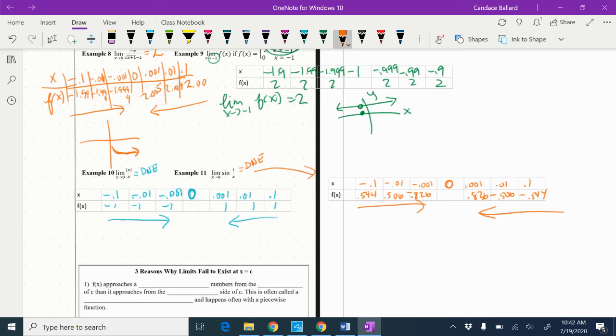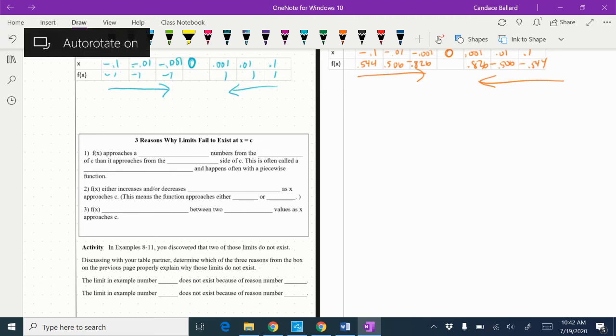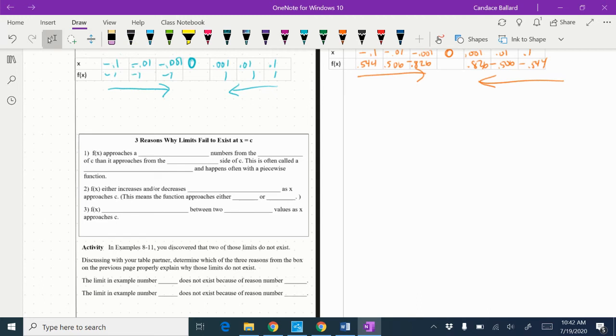All right, so we're going to talk about 3 reasons why limits fail to exist at C. So if f of x approaches a different number from the right side of C than it approaches from the left side of C, that's one reason it fails to exist.